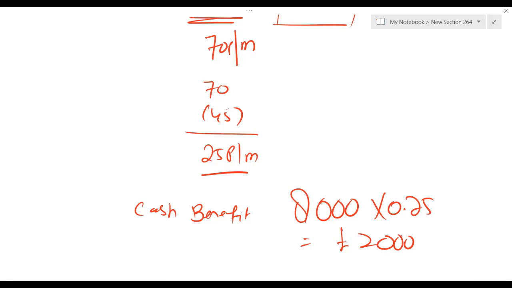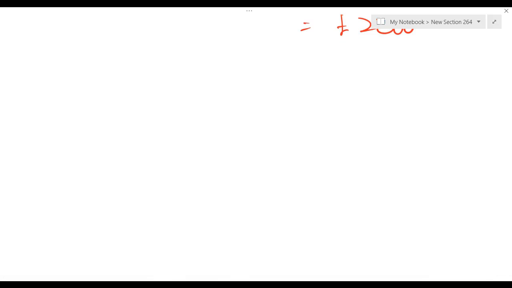In cash benefits we have three things: salary, bonus, and the excess over 45 pence per mile.